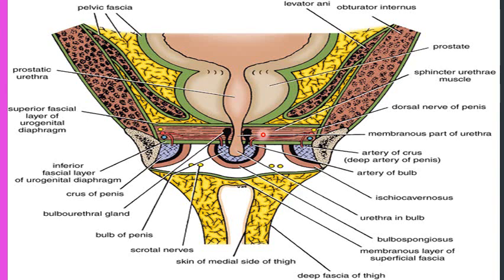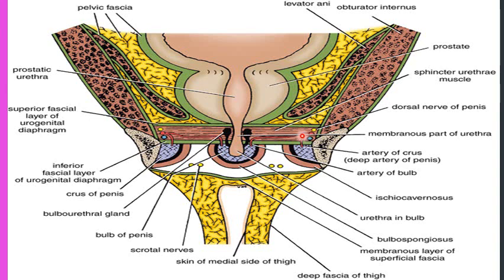Now the blood vessels and nerves are the ones that pass and enter into the penis. This is the dorsal nerve of the penis present here, and some muscular branches which supply the muscles over here.